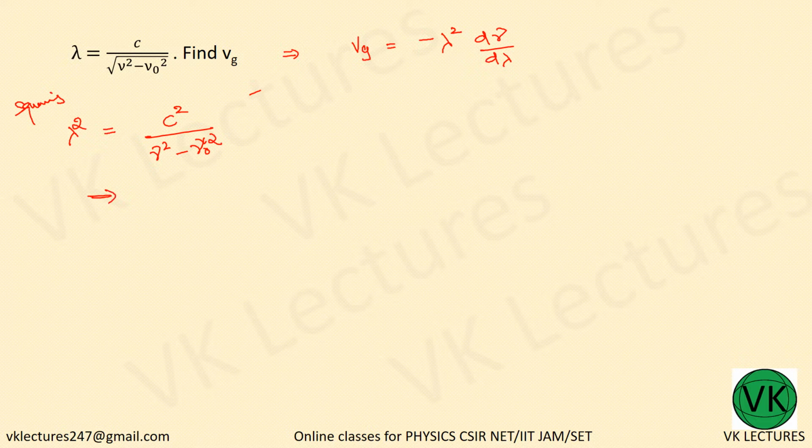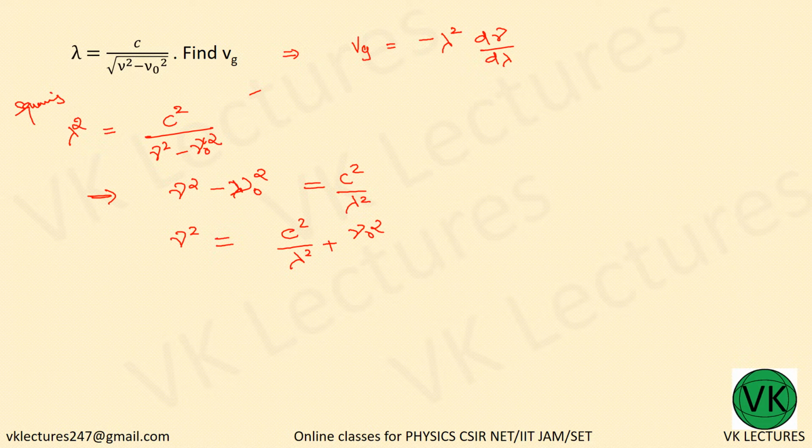Then you can rearrange: nu square minus nu naught square equal to c square divided by lambda square. And what is nu square? Nu square will be equal to c square by lambda square plus nu naught square.